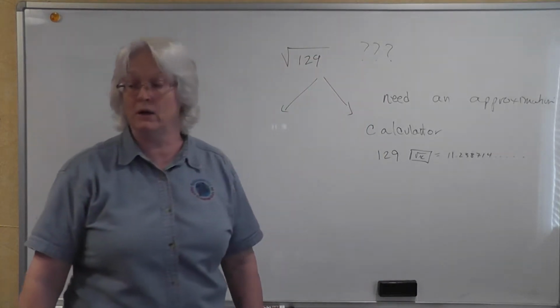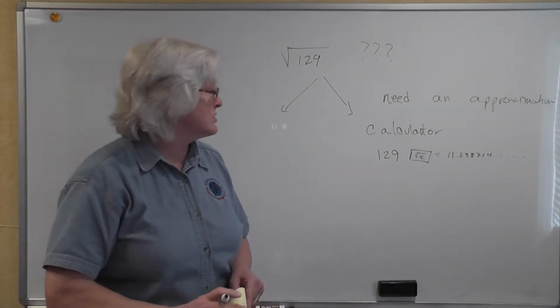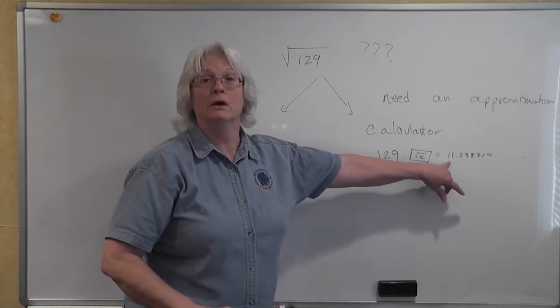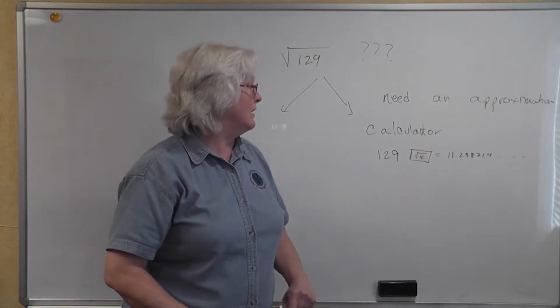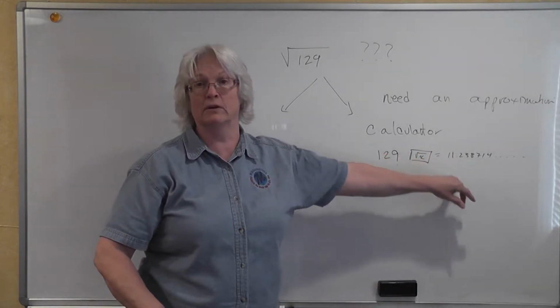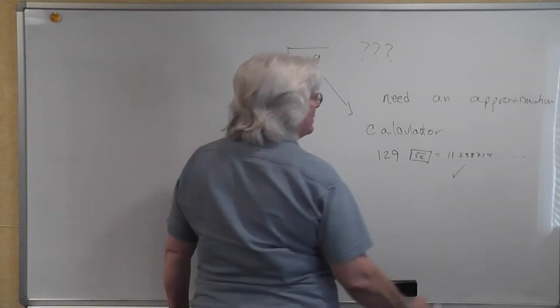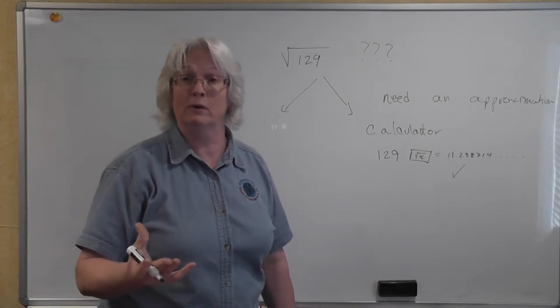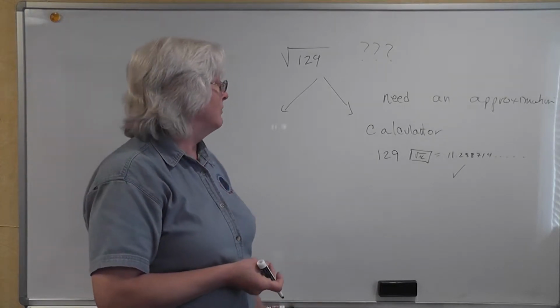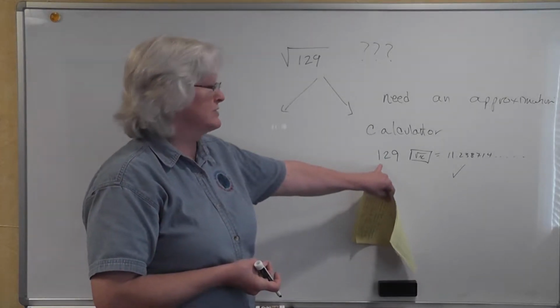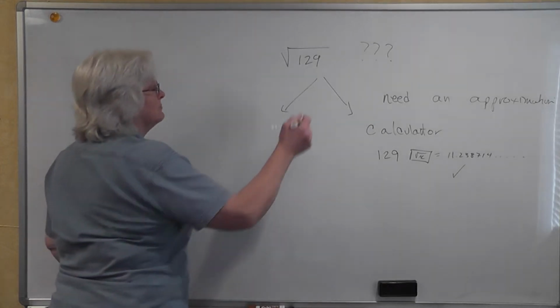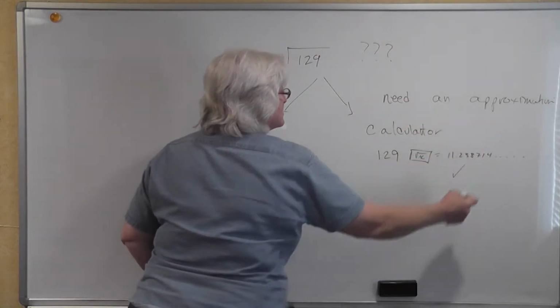I honestly have no idea what it's going to be, but it's going to be a little bit more than 11. It's going to be less than 12. And it's going to be closer to 11 than it is to 12. So this right here would be your approximate value of what the square root of 129 is. So, the square root of 129 is about this.